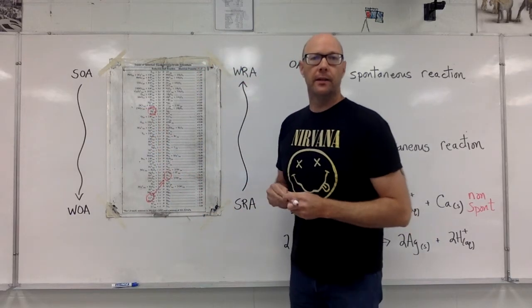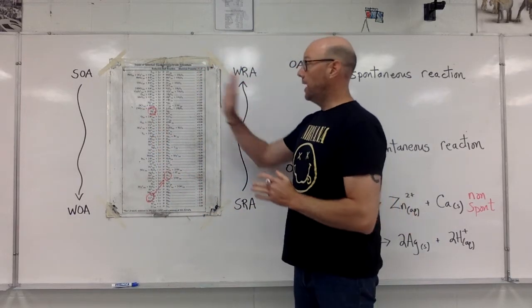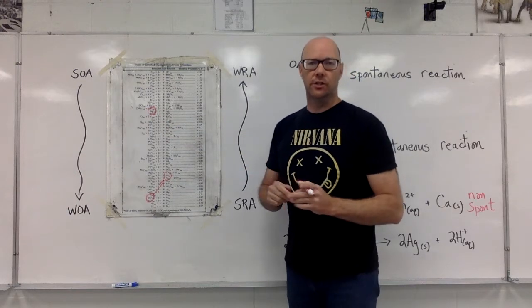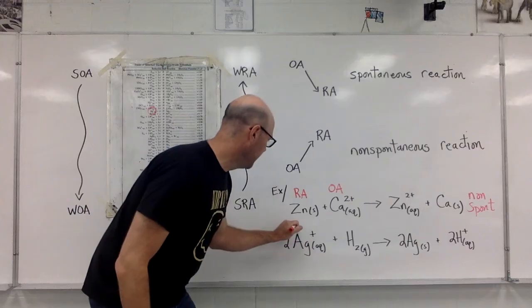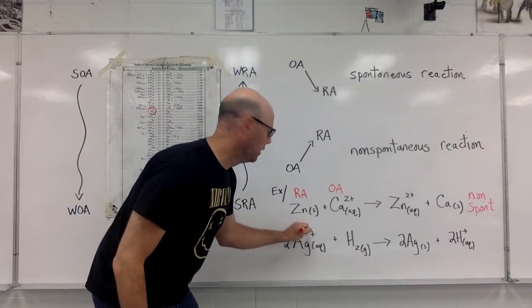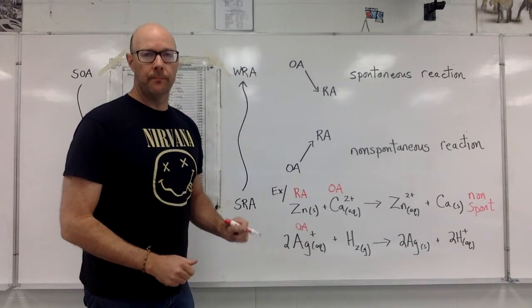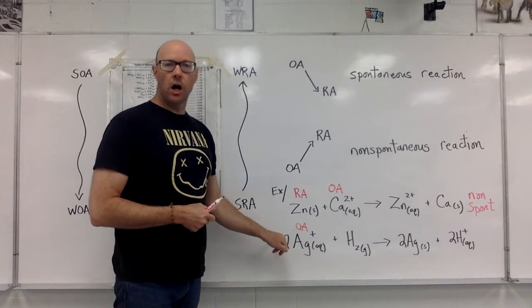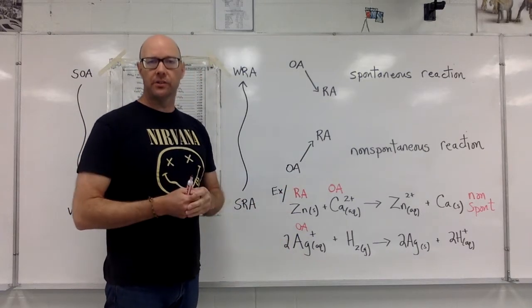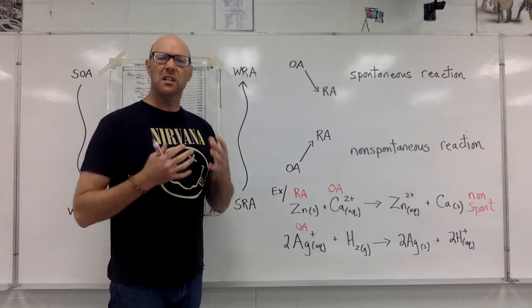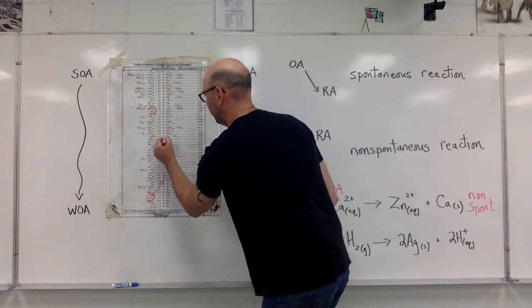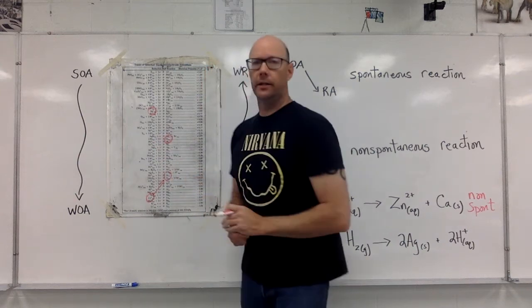Silver ions are right there. They're on the left-hand side of the table. They're an oxidizing agent. So I can put my label in here. The silver ions are the oxidizing agent. How about H2 gas? Well, if the silver is the oxidizing agent, the other one has to be the reducing agent. I need to find it right here on the table. There it is.